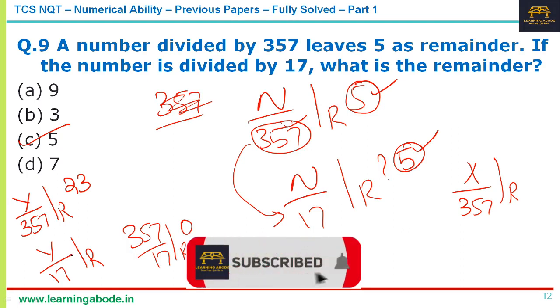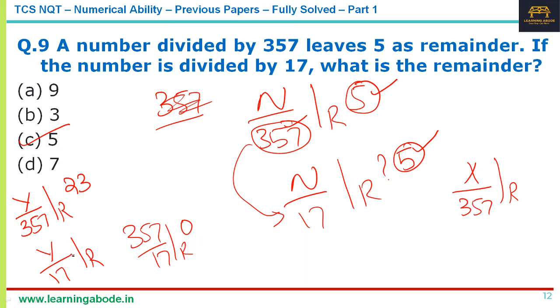As we know, whatever is divisible by 357 is divisible by all the factors of 357, so you just have to consider only the remainder. Now when you're dividing by 17, 23 can't be the remainder. 23 divided by 17 leaves 6, so 6 will be the answer for that question. If instead of 5, 23 was given, 6 would have been the answer.